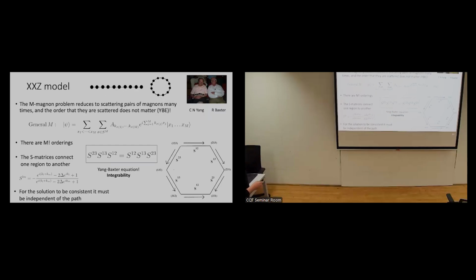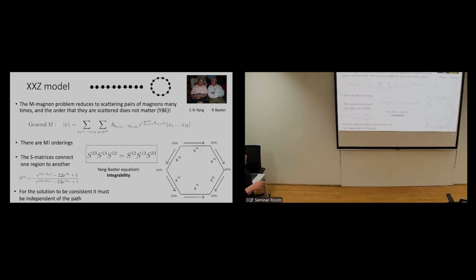And then what he realized is that he can solve the scattering problem of any number of particles. I can write the wave function as follows. It's a product of plane waves on the positions of the flipped spins, namely position xj is where the spin is flipped down.